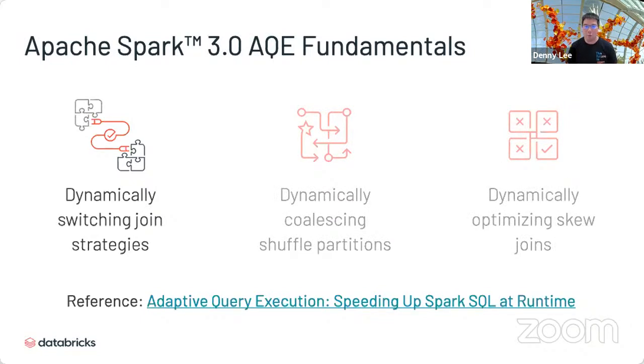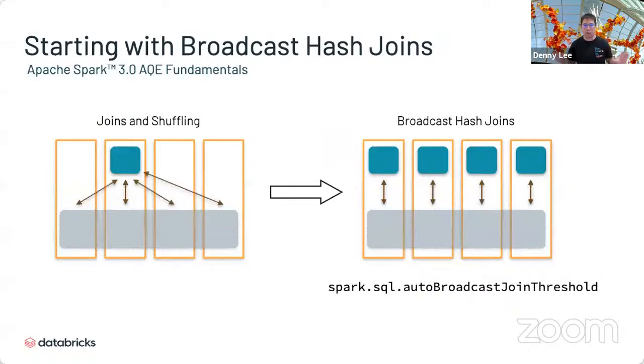So when we're talking about dynamically switching join strategies, here's what it boils down to, right? The orange is the representation of multiple nodes, okay? And the gray box is a representation of a table that spans across multiple nodes, all right? And then the green box represents a smaller table that you're going to join against, right?